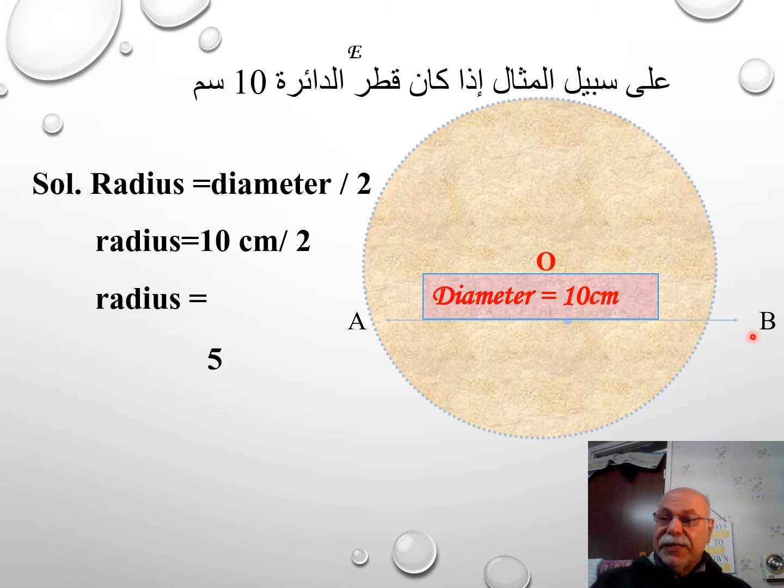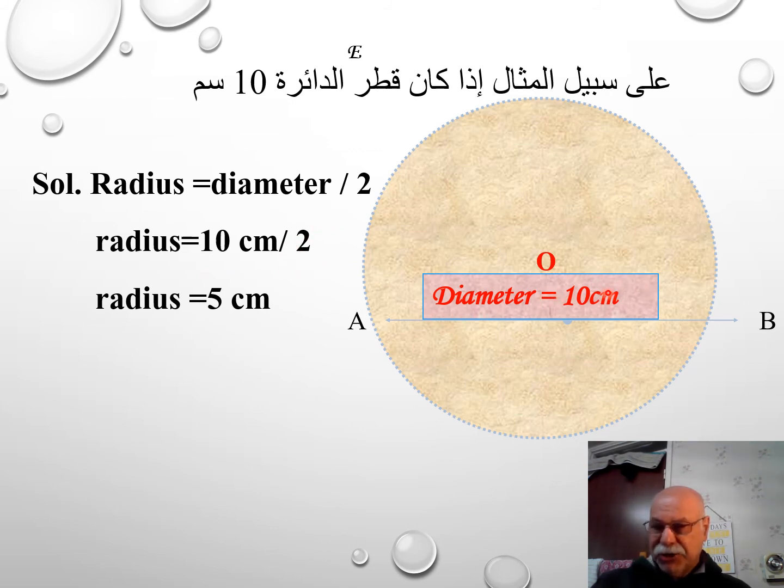Radius, what does it equal? It becomes like this equation, and this is solved for the answer. How? Radius equals diameter divided by 2, 10 divided by 2, it becomes 5. Radius equals 10 centimeters divided by 2.